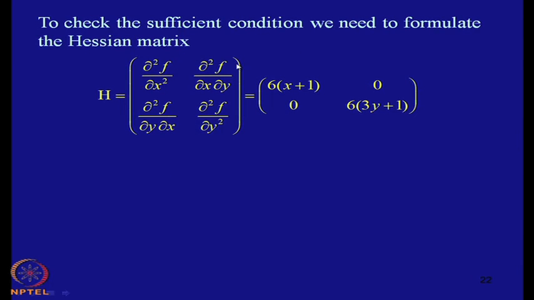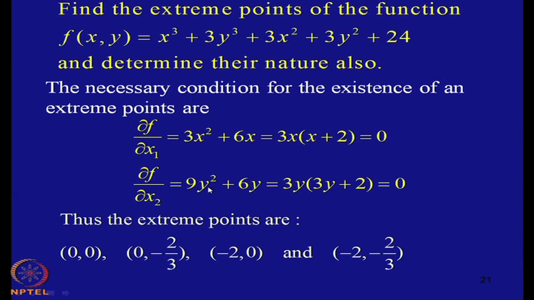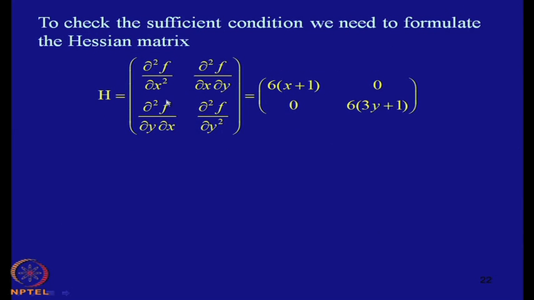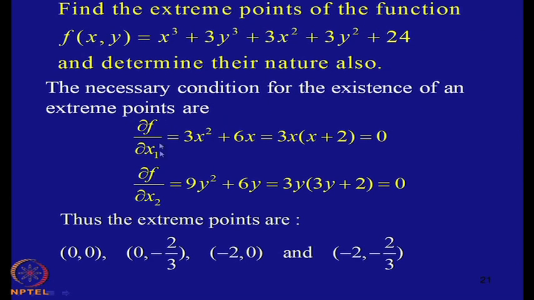And this is the Hessian matrix for us. This would be a 2 by 2 matrix, because we are having only 2 variables here. We are getting del f by del x as 3x square plus 6x, that is why del 2 f by del x square, I am sorry, here it should not be x1 x2, it should be x and y. Alright.